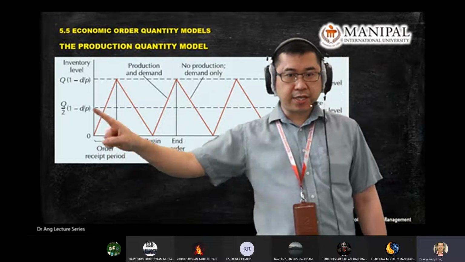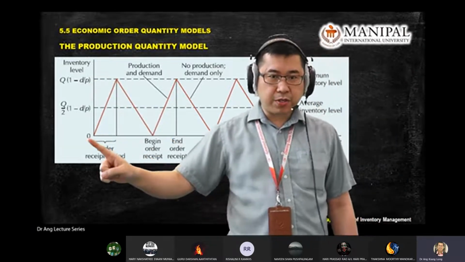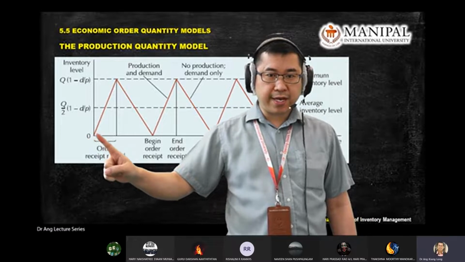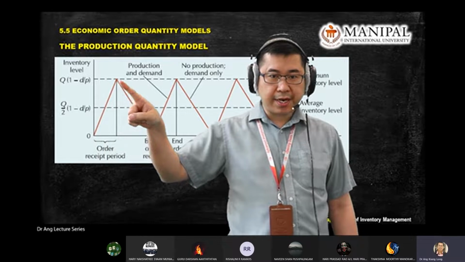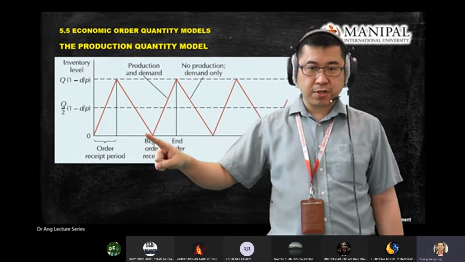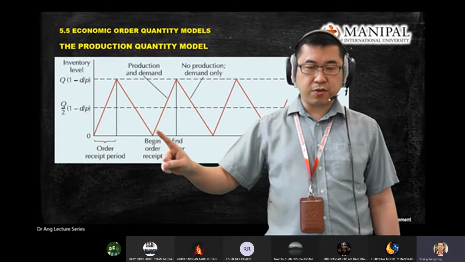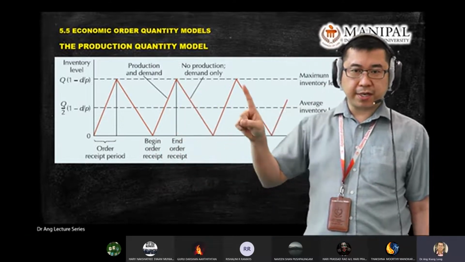As you can see here, the inventory starts from 0. Then it goes up, and at a certain time you reduce. After it reduces to 0, you go up again, and then go down, go up again, and go down.